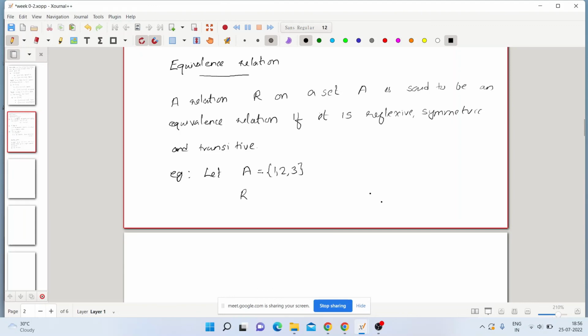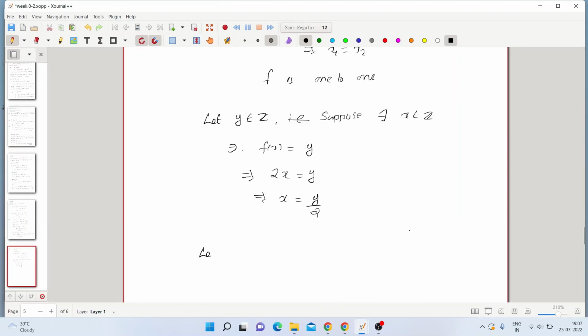So let me take y equal to 3. 3 is an element of Z. Then the possible pre-image of y is x equal to y by 2, which is equal to 3 by 2, which does not belong to Z, but the map f is defined from Z to Z. So there is no pre-image for y equal to 3.